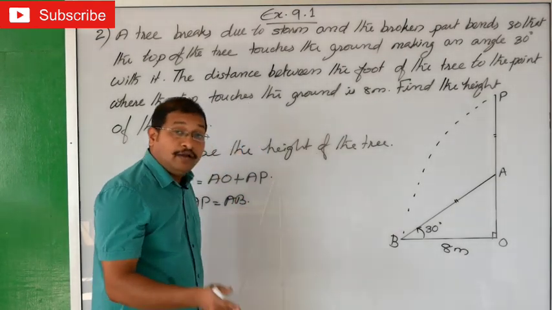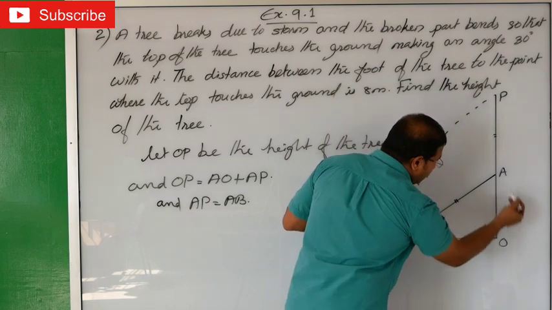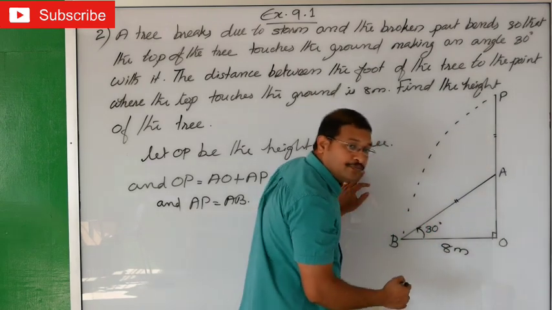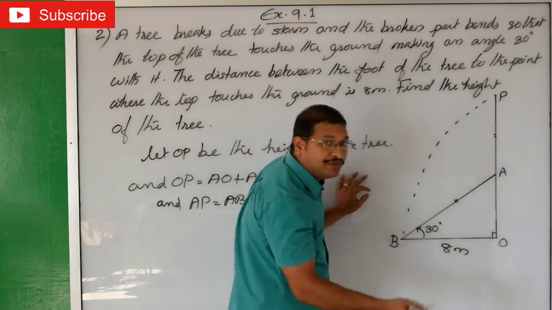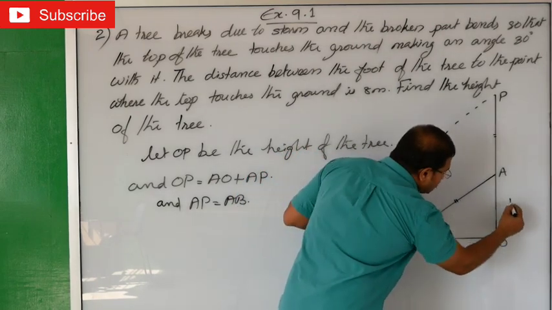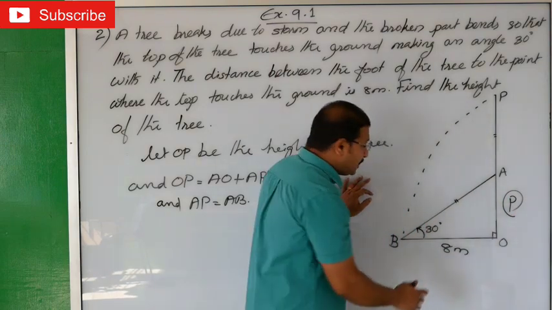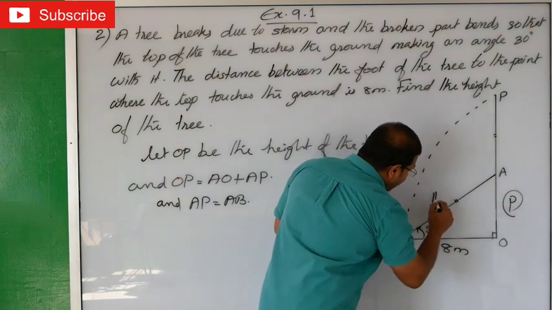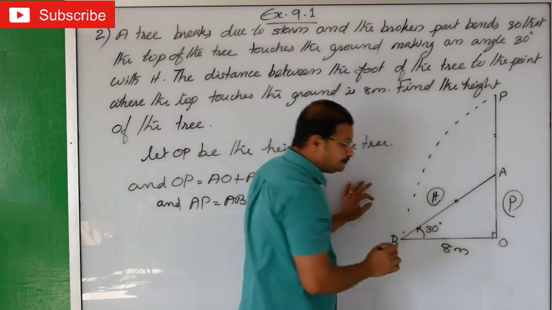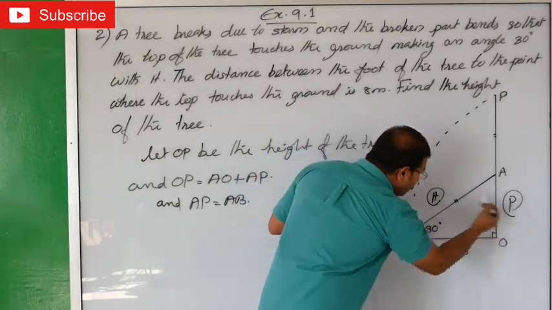Okay. Now what do we want? We want to find out the height of the tree. Means we want both AO and AB, we need to find out. That means, if you take this triangle, this is the perpendicular, otherwise the opposite side, and we know that AB is the hypotenuse, the longer side of the triangle. Ready? Now, first we will consider any one of these.